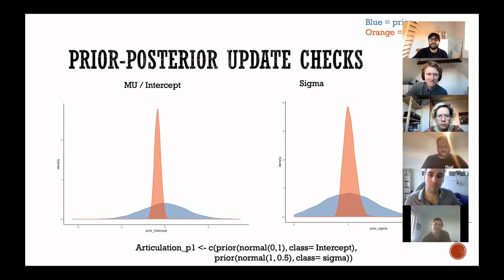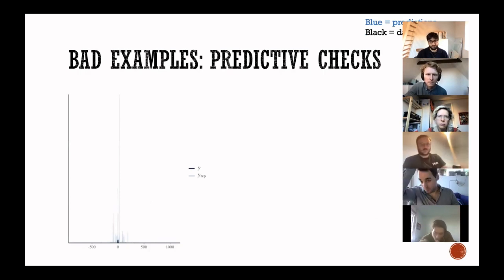Okay, so in this case, everything seems in place. Right. How would it look if things were bad? And then we'll move to the exercise and break. So for instance, if we put a sigma that was centered, I think I put it at 30. Right. This is what we might get.